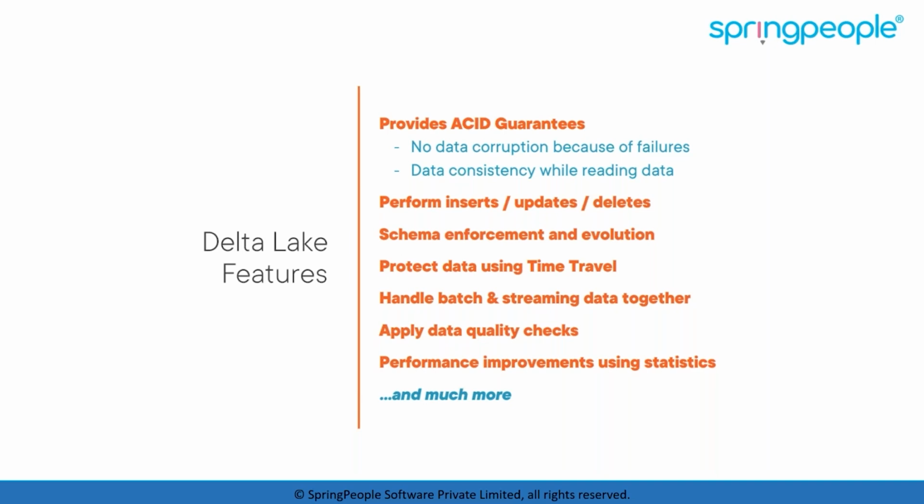We can also enforce a schema, and we can also implement time travel. So if you want to review historical changes, we have a log file to review them. We can also combine both batch and streaming data together. We can implement a lot of data consistency checks, and we can also implement statistics.